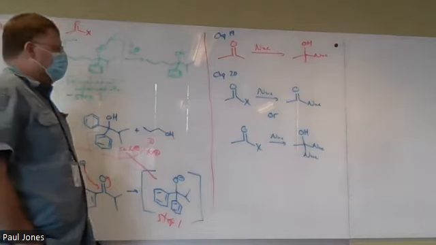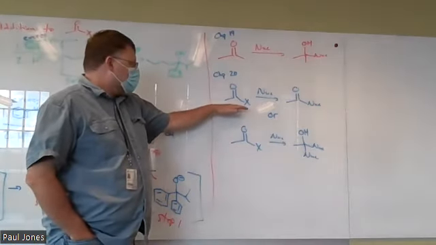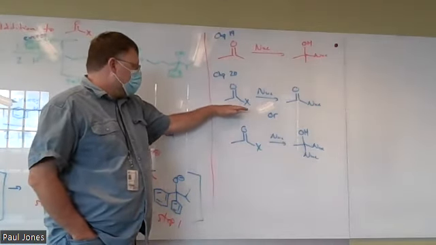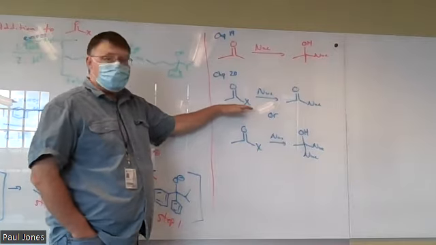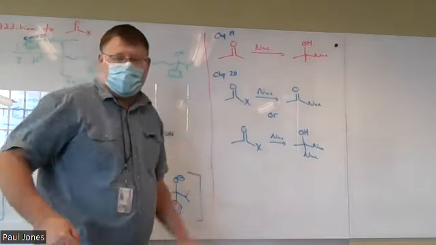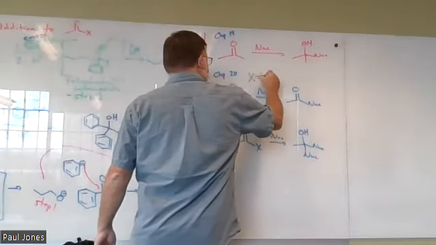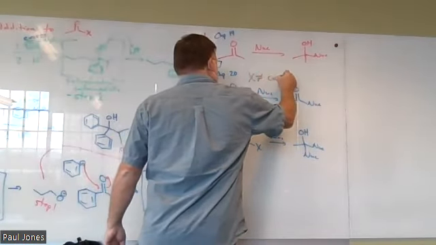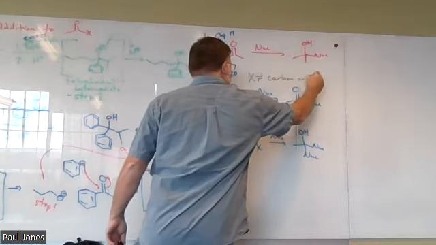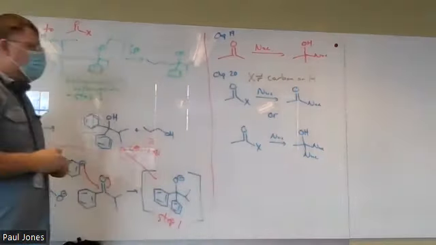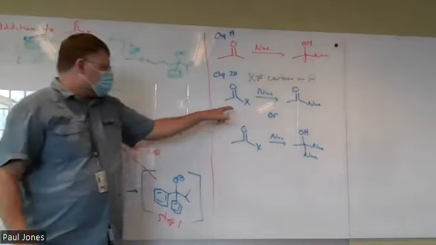In chapter 20, if we add a nucleophile to a carboxylic acid derivative, where X here is not equal to carbon or hydrogen, we're not quite there yet. One of the reactions you can do is just a substitution.